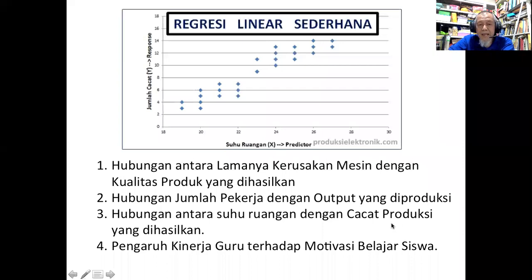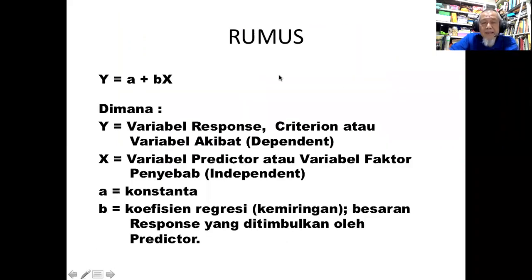Okay, so you now know the independent variable and the dependent variable, and now we are going to have some examples, and then we'll work on that. Here is the formula for calculating the regression. Y equals a plus bx. So y is the one that we predict, the response variable, or the criterion, or the dependent variable.